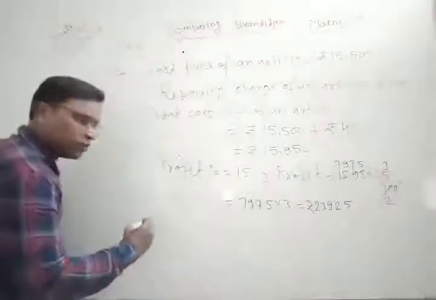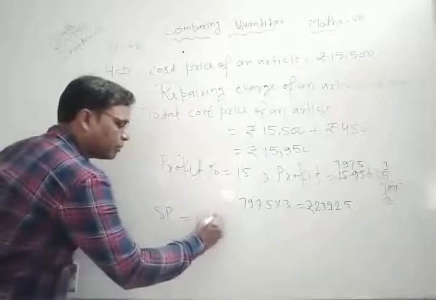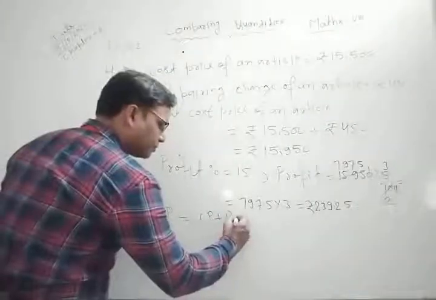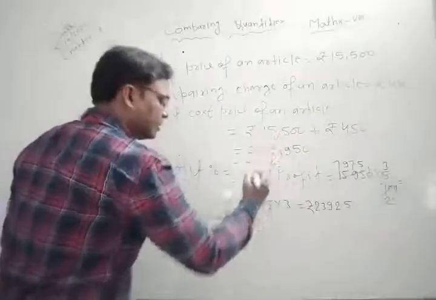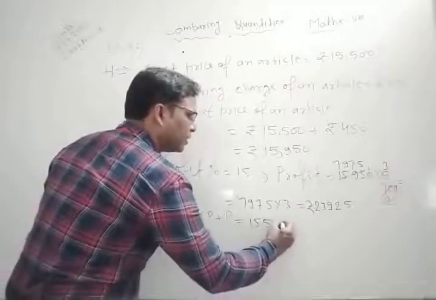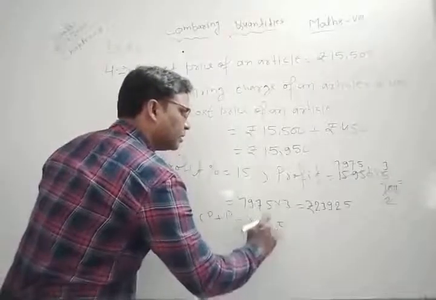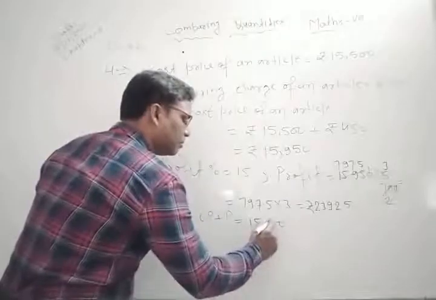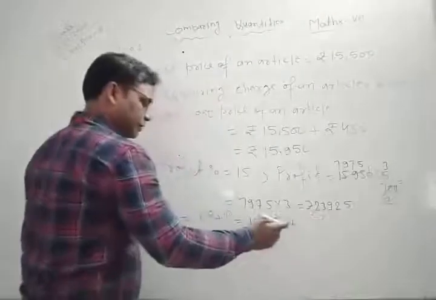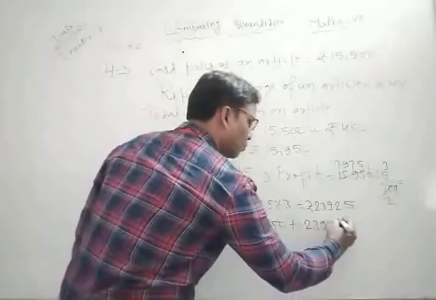Now we need to find the selling price of the article. What is the selling price? Selling price, SP, is equal to CP plus profit. This is clear. Our total CP is 15,950 plus profit 2392.5.